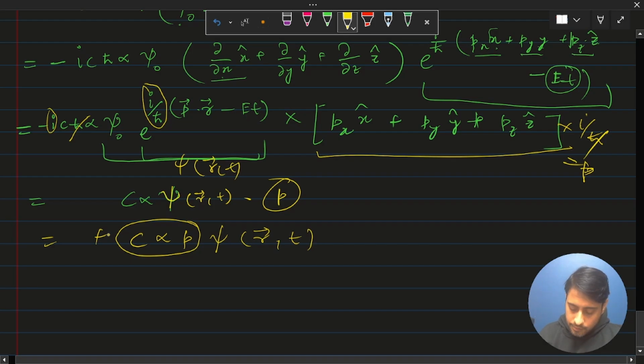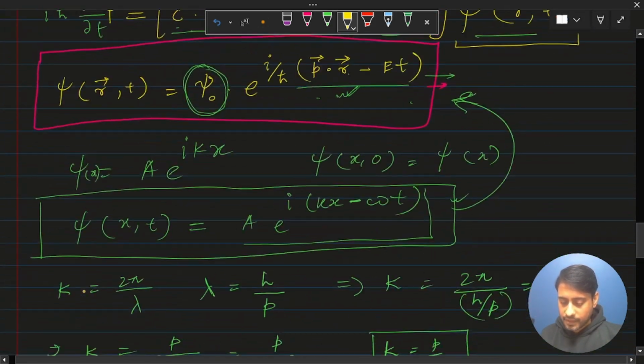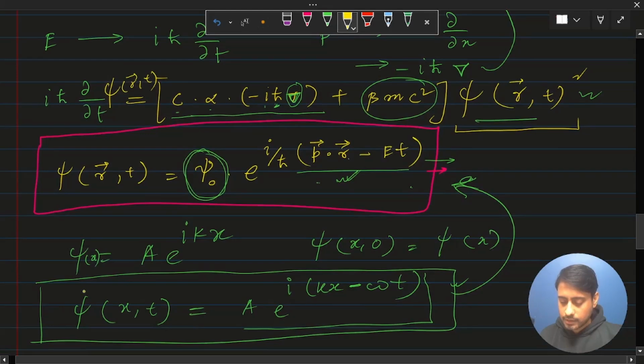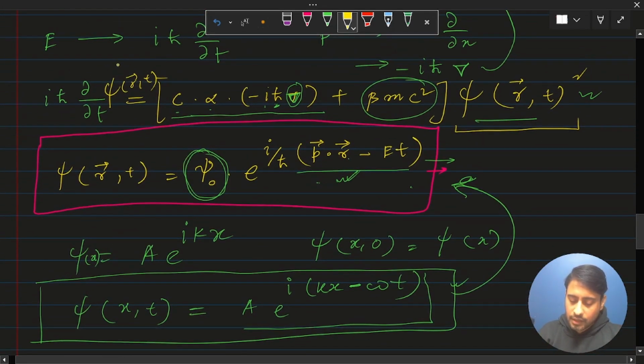Now let's write the expression one more time. On the left hand side we get E and psi. Let me just show you once again. When you acted this term on psi, you got E into psi.